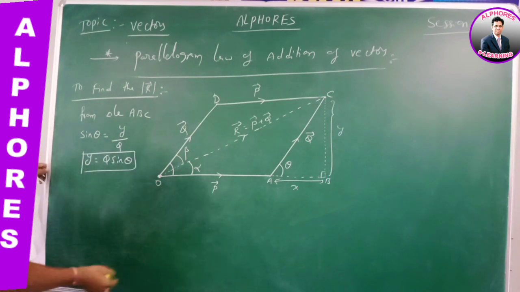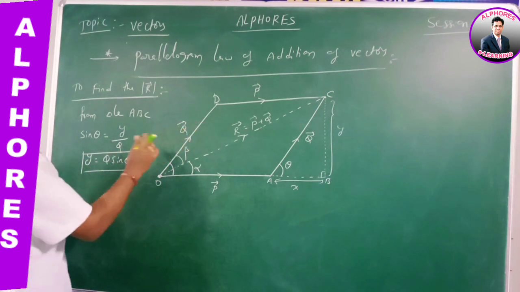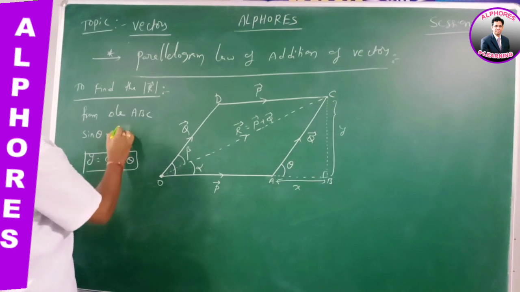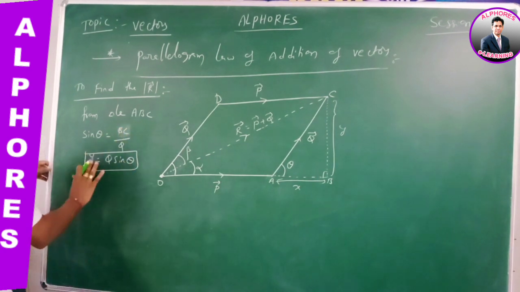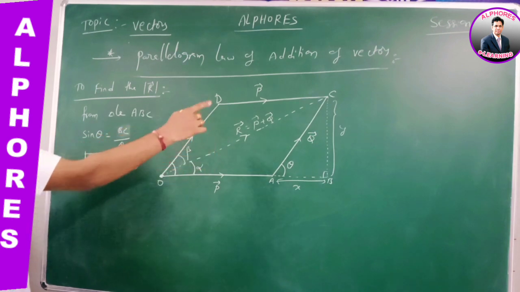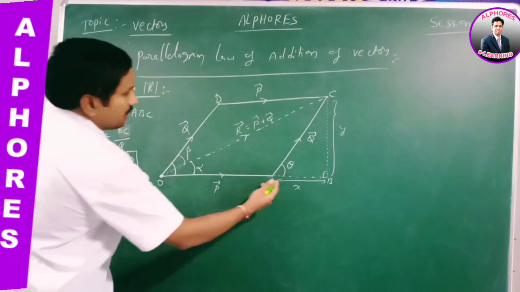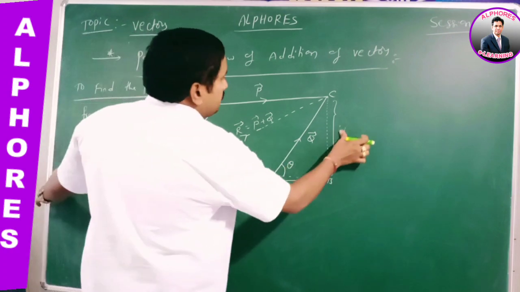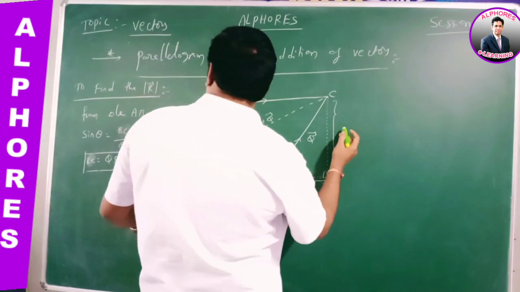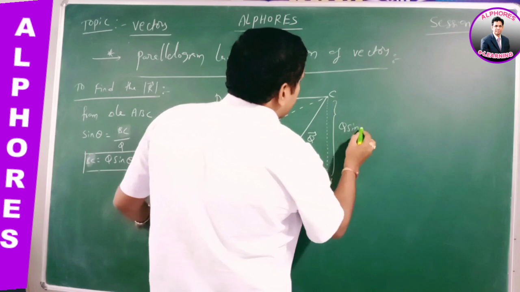Now listen carefully. Y here is the value of BC only, from the diagram. That means the magnitude of BC is equal to q sin theta.